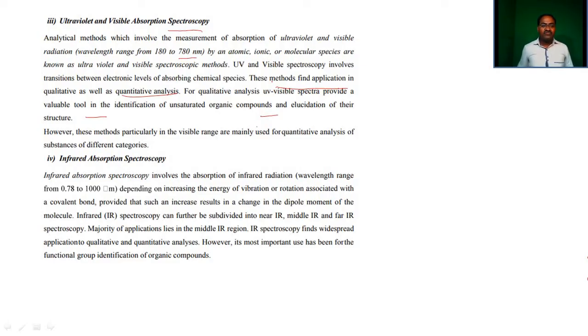However, UV absorption spectrometric methods, particularly in the visible range, are mainly used for quantitative analysis of substances of different categories.